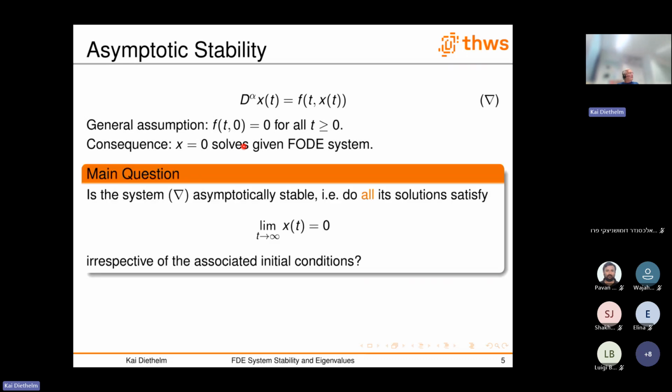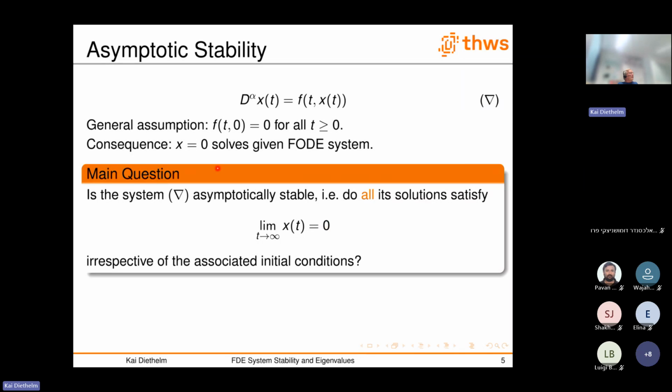Our question is: is this system up here asymptotically stable? So that means if you pick out any solution, a completely arbitrary solution, this is of course just a differential equation system. We haven't specified any initial values, so we have multiple solutions. And if you pick out any of those solutions, does this solution tend to 0 as t tends to infinity?